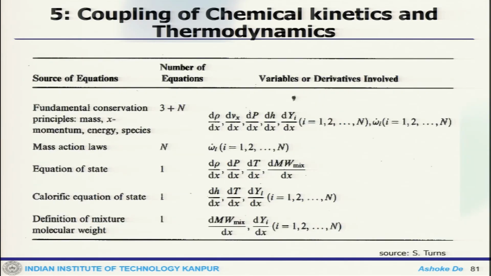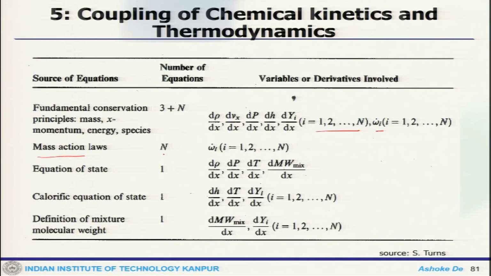Okay. Now, these are the fundamental conservation equations: mass, x momentum, energy, and species. So, the number of equations is 3 plus n, and the variables or derivatives involved are d rho by dx, dVx by dx, dP by dx, dh by dx, dYi by dx, for the number of species, and omega dot i from the mass action law.